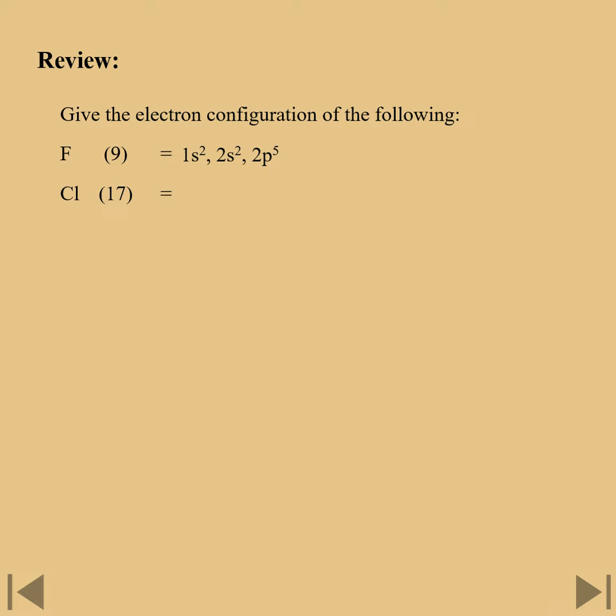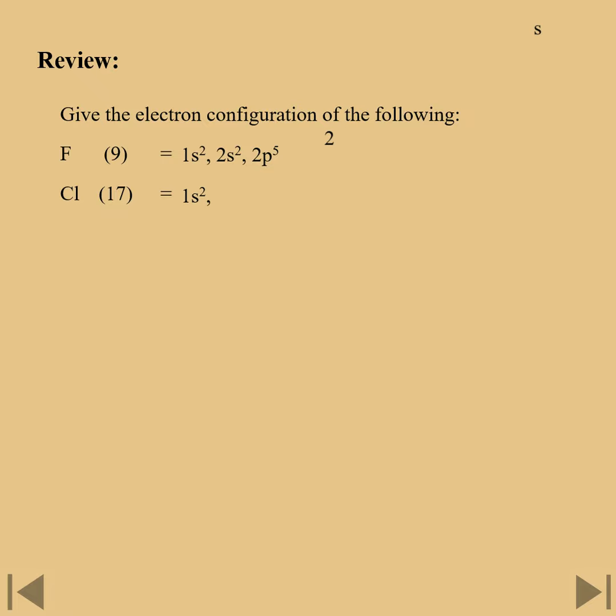Next we have chlorine with 17 electrons. Well, we know where our first electron is. 1s fills up with 2. Then 2s fills up with 2. Then 2p fills up with 6. We're up to 10. 11 starts 3s, fills up with 2. 13 starts 3p. And for chlorine, that's also going to be another 5.